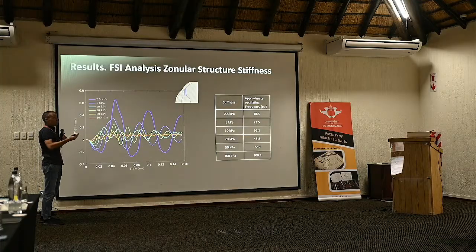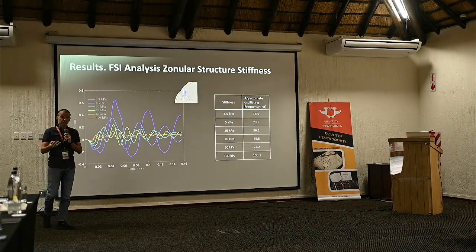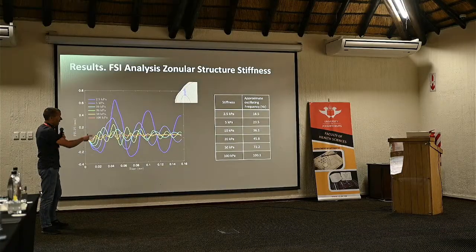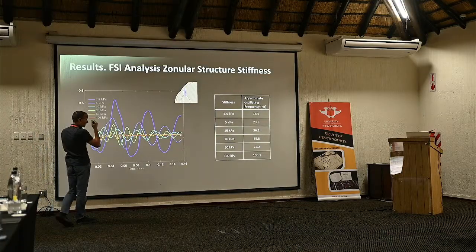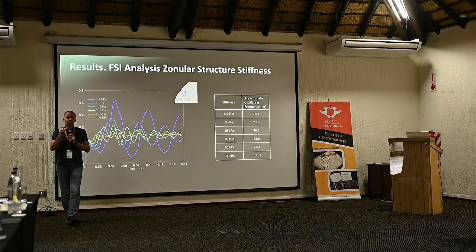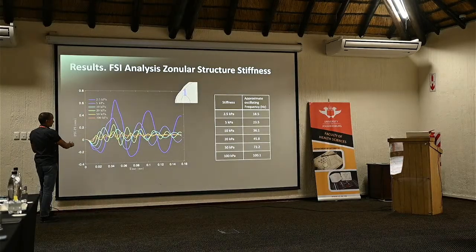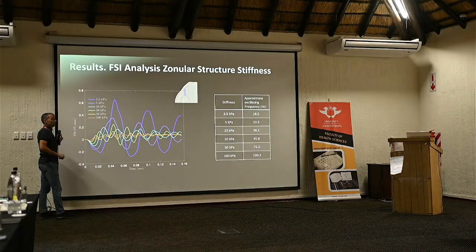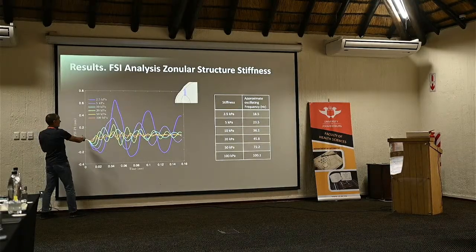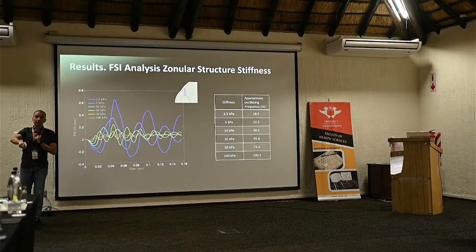If you remember the values of the eigenfrequency analysis in the first model, we are around 23 here for 50 kilopascals stiffness of this region. So basically, the higher the stiffness, the higher the frequency of oscillation of the lens.